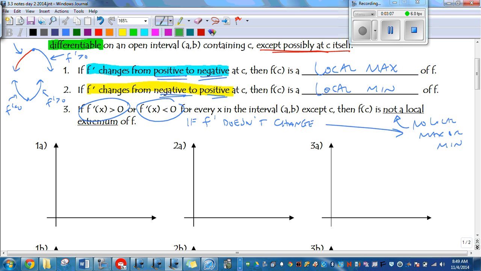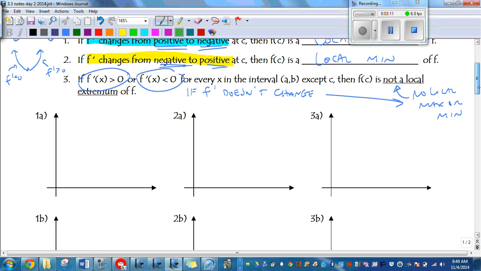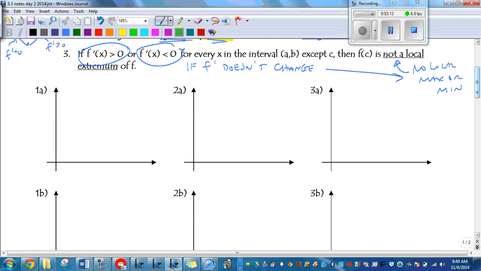So we're going to look at a couple of scenarios for each one of these three down below. So the first one, 1a, is when we have a function that's increasing, then decreasing, and it changes when the derivative is 0. So here, our derivative is 0. On this left side, derivative is positive.